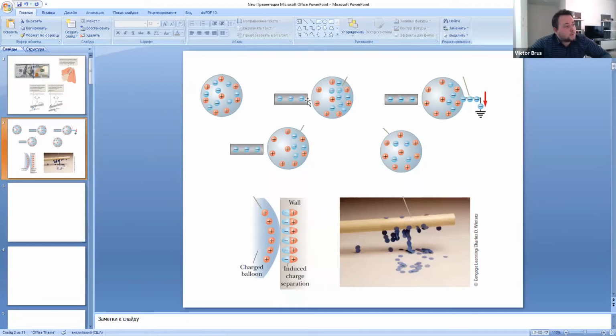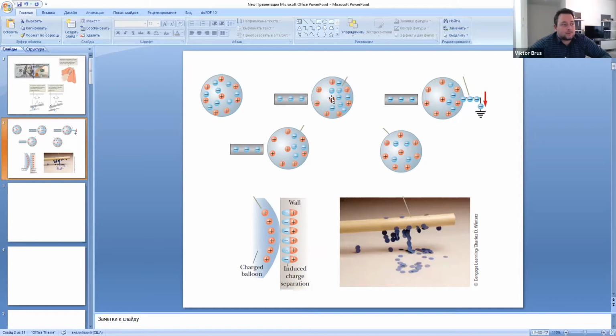Once we put close to this metal sphere some negatively charged body, from the left side, because of repelling between the negatively charged body and mobile electrons, they are pushed to the right side of the sphere. So we create some space charge inside the conductive sphere.